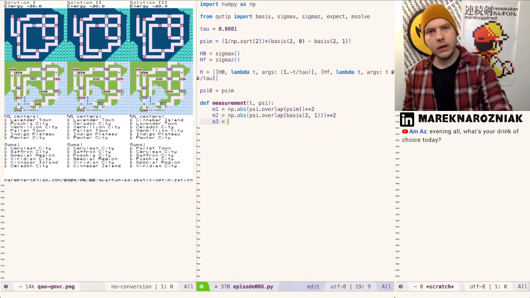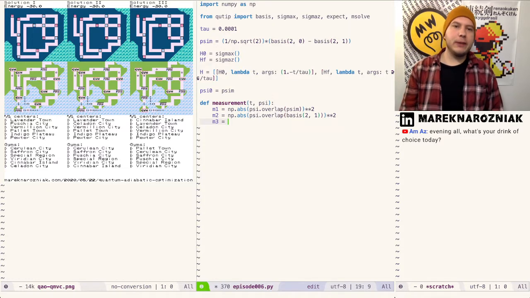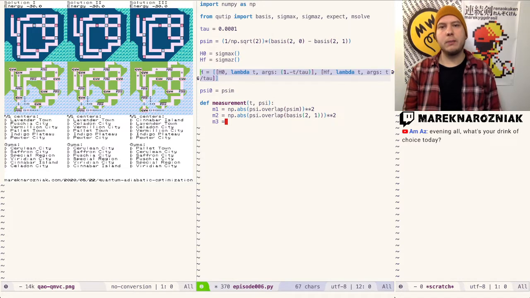So, for the energy measurement, this is pretty tricky, actually, because as you can see, this is a time-dependent Hamiltonian. It has lambda expressions inside of it, which depend on the time step.